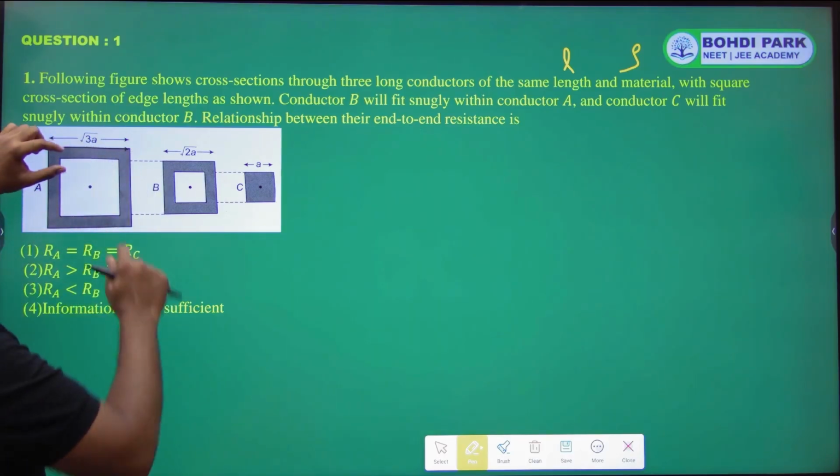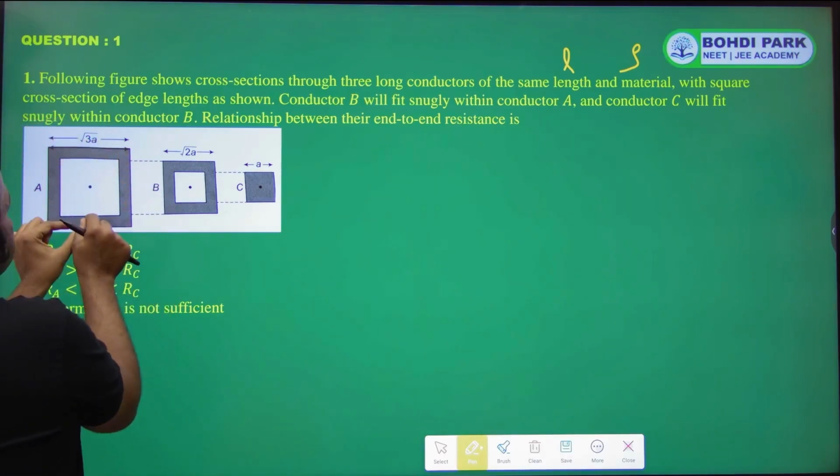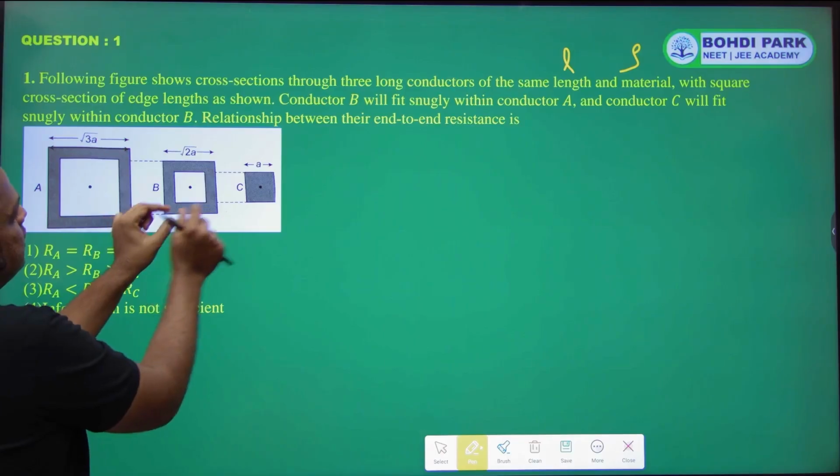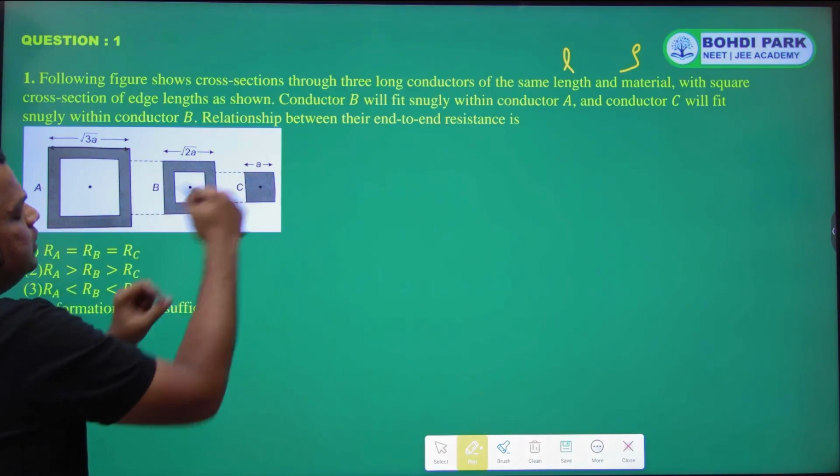So we have to consider the cross sectional area of the first conductor, the second conductor, and the third conductor.